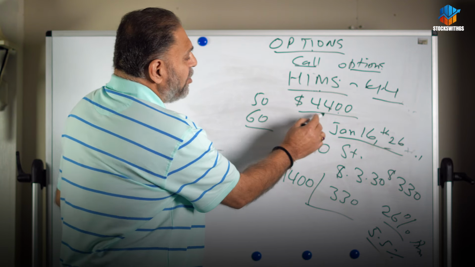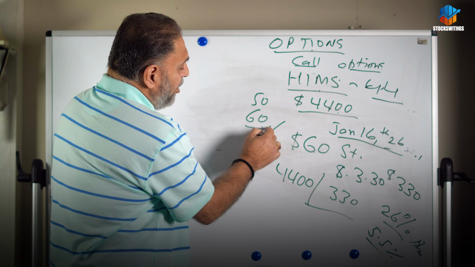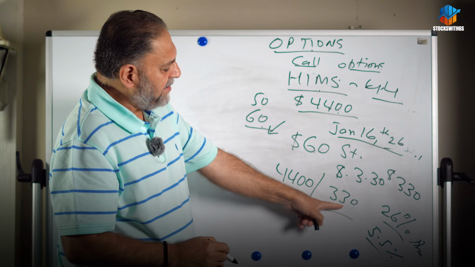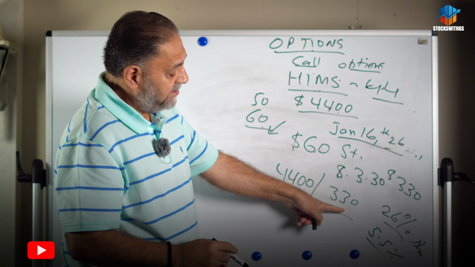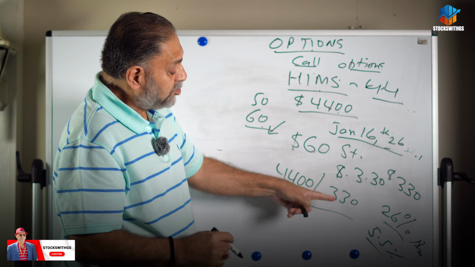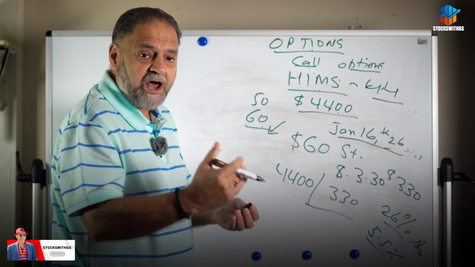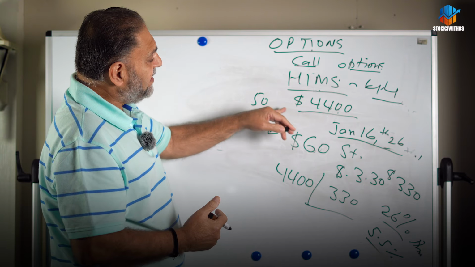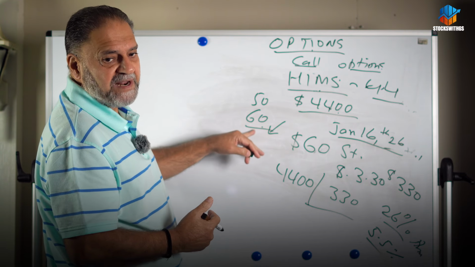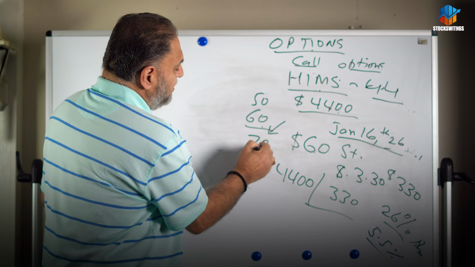If the price doesn't go to 60, it stays below 60, then you keep the premium. That is your rent money from your property. So you make this money. So that is called covered call. You sell options, you keep the premium, and you keep the stock until the stock hits the strike price. So you can go to 70, the strike price.